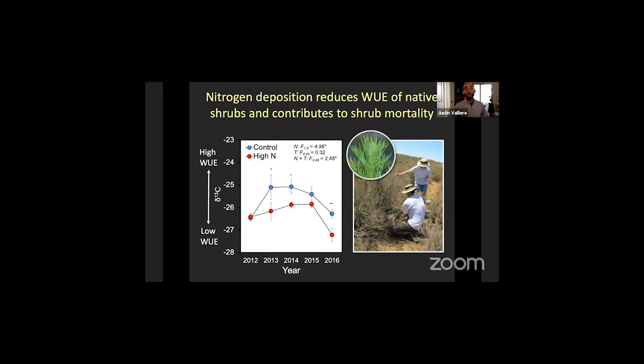We think this was partially due to the fact that the added nitrogen decreased the water use efficiency of native shrubs. So even though the shrubs were dying back at the plant level, they were still producing more leaf area at the terminal branches, which is interesting. So it seems like these shrubs just kind of can't help themselves when they get added nitrogen. And that leads to lower water use efficiency and perhaps higher risk to drought.